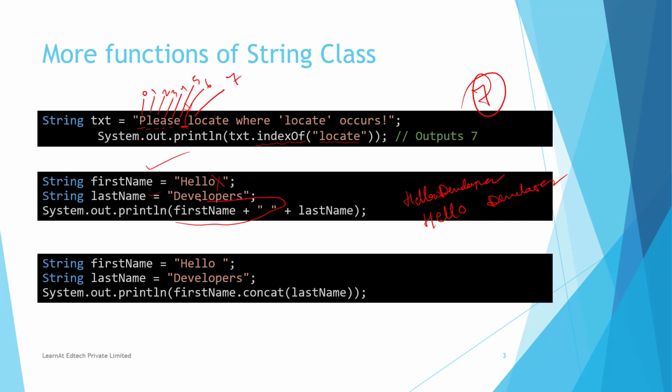First we are adding this one. Then in the second part we are adding this one. That's why there are two plus signs. So we'll get the output hello developer, with a space. What does concat do? You can use the plus sign, and you can also write firstName.concat, and in the bracket give lastName. This will join the strings.